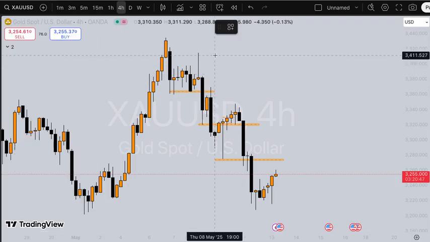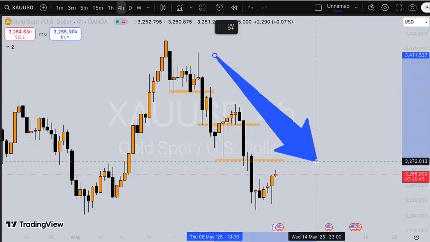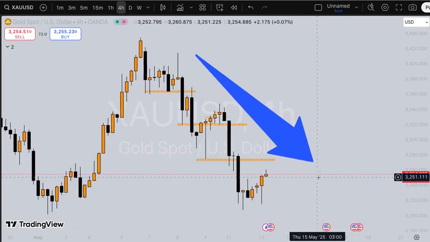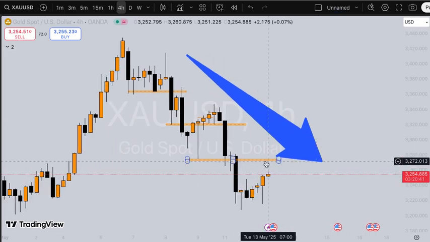Here is our overall trend. If this market comes here and does not close above this level, but closes below this level, we'll consider going to the downside.